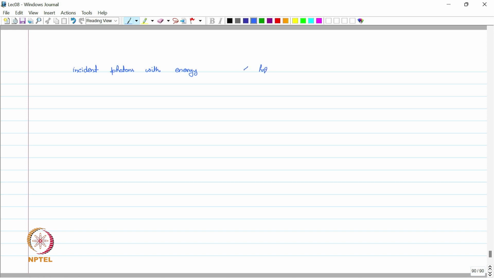If this energy is greater than Eg, the band gap of material, but it is lesser than Ec minus Ev, the difference between conduction and valence band. If the photon energy is between Eg and Ec minus Ev, this cannot be absorbed.